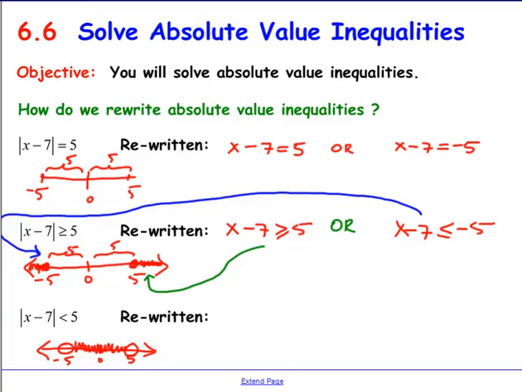Think of this as a sandwich in between, where you have to be between negative 5 and positive 5, and this 5 came from here, so it's always going to be the same number and the opposite. Your inequality sign is going to go this way, because on the number line, the larger numbers go to the right, and then my x minus 7 is just going to go over here.